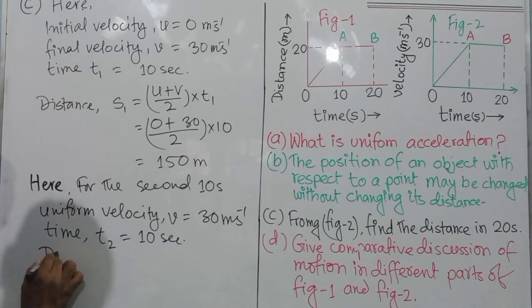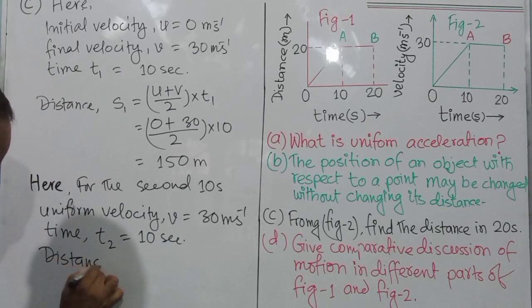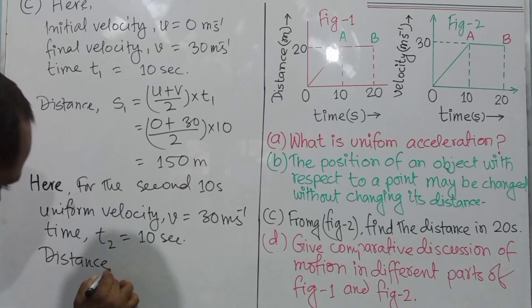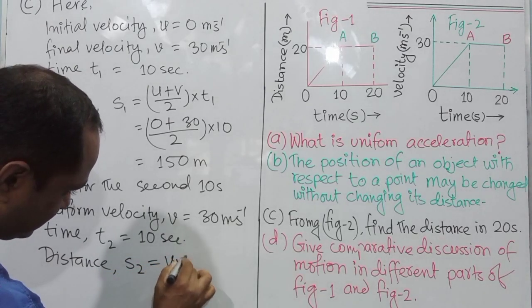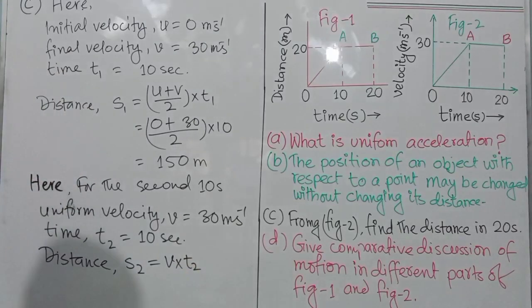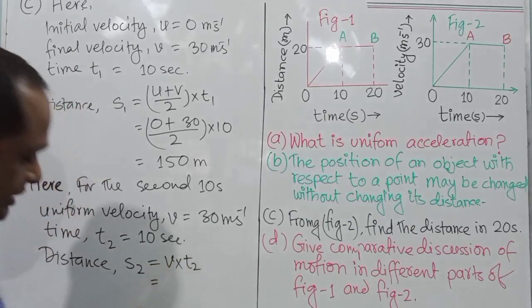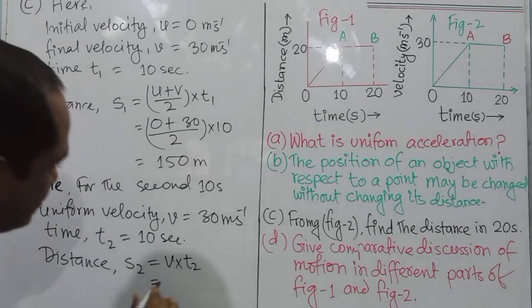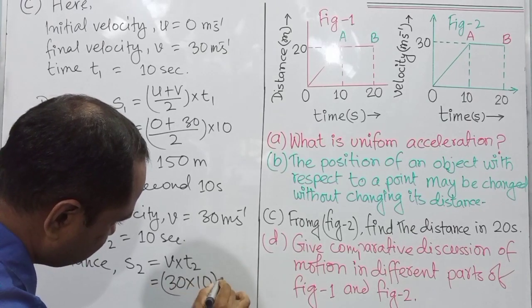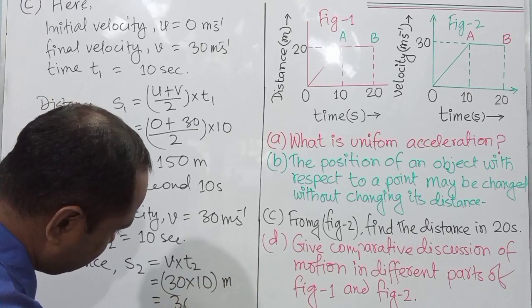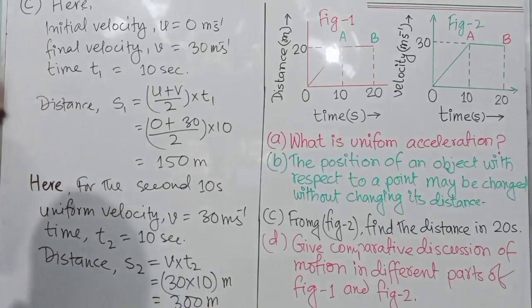So the distance for this portion, if denoted by S2, is equal to V into T2, because in case of uniform velocity we will calculate the distance using this equation. Here V is equal to 30 multiplied by 10 meter, that is 300 meter.